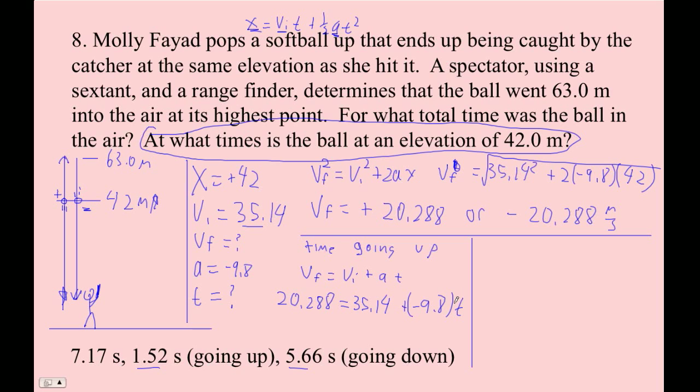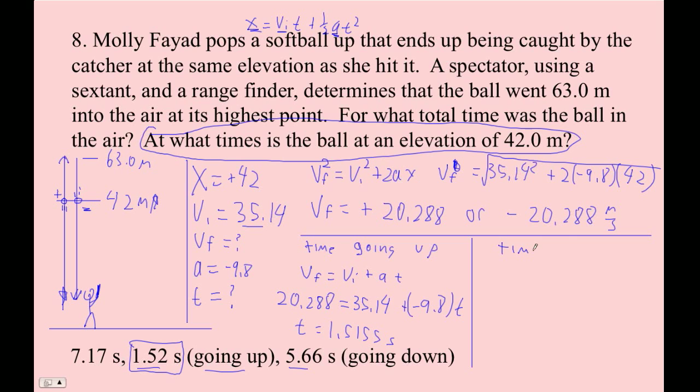So I take 20.288, subtract 35.14, and divide that by negative 9.8, and I get 1.5155. So that's 1.52 seconds, and that's for going up.